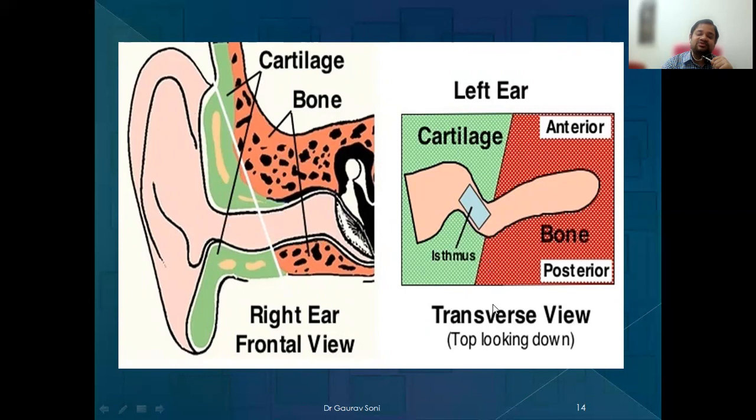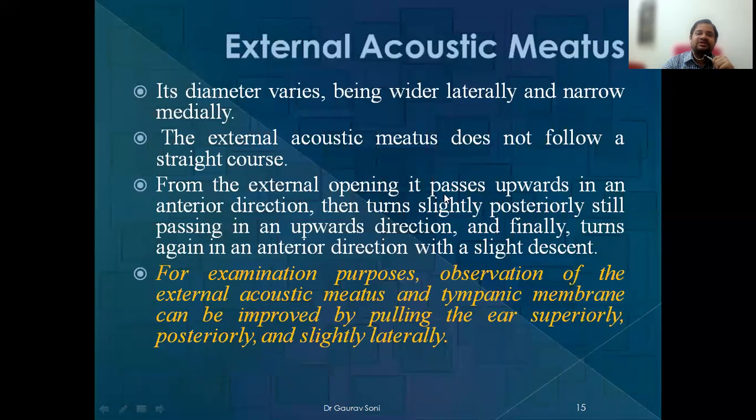But you see a transverse loop, which is very specific, telling you that this canal or tunnel is not straight. There is a big curve at the junction of cartilage and bone, and this curve has to be straightened during examination of the ear.